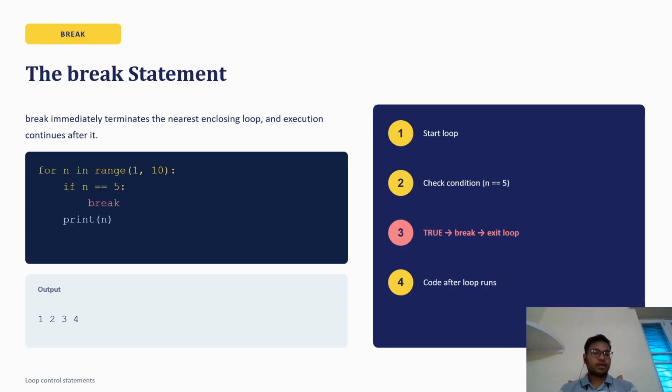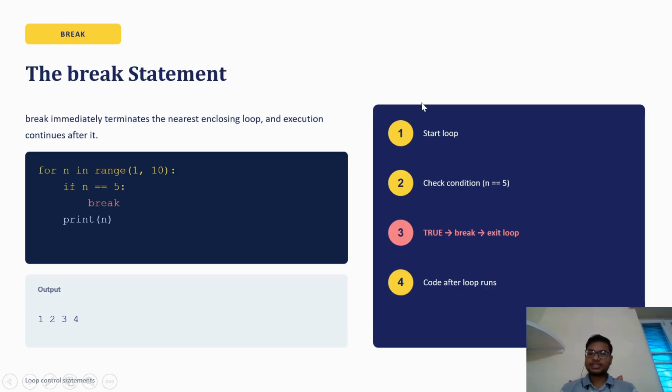When n becomes 5, the code stops running at that point, terminates the loop, and comes outside the loop, and the output printed before the break statement is 1, 2, 3, 4.